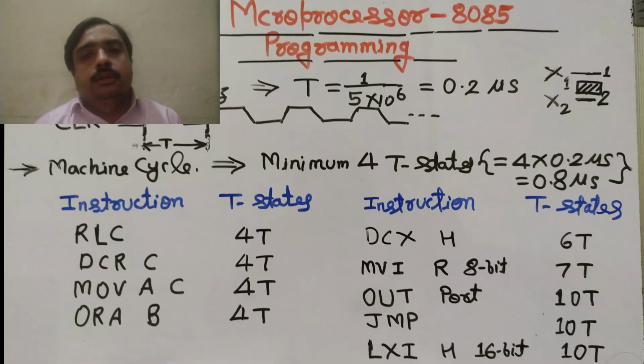Hence, naturally this instruction will consume higher T states, and this will be 10 T. Okay, this is all about the required T states of instructions in the 8085 microprocessor.